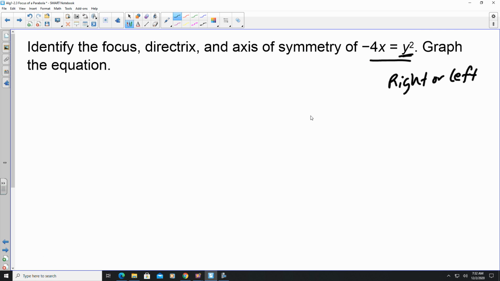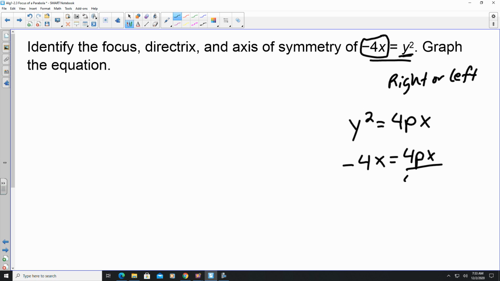So from here, what I have to do is look at the other side of my equation, this negative 4x. Remember the general equation is y squared is equal to 4px. So essentially I want to say, negative 4x is equal to 4px. In this process, I'm going to be able to determine what my value for p is.